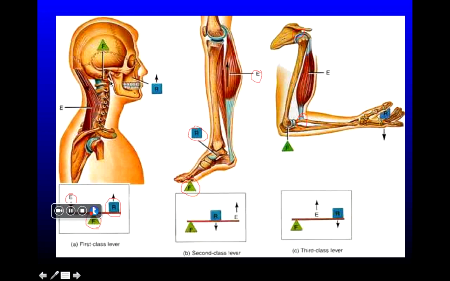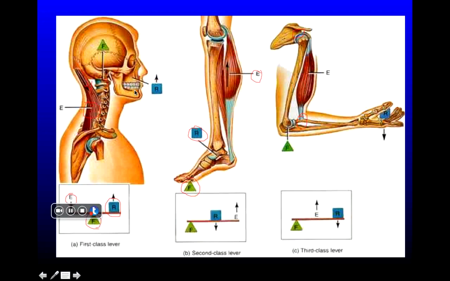A great example of that is the head. The energy source, let's say it's this muscle here, the splenius capitis, is pulling down on its connection. And the fulcrum is the occipito-atlas joint. The head is the resistance.